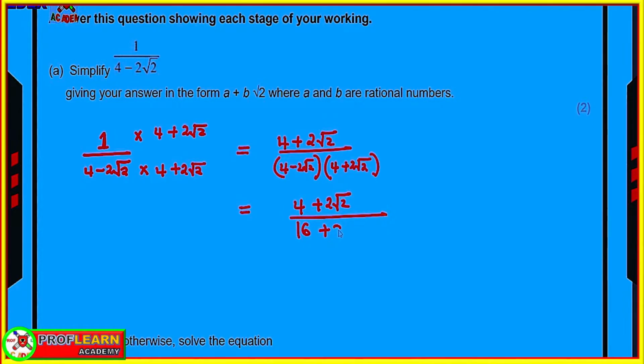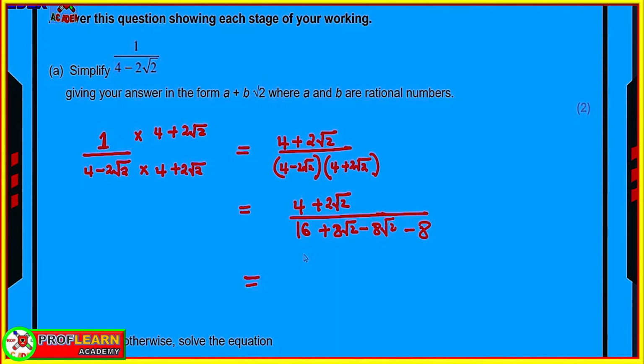Then we have 4 times 2 root 2 will give us 8 root 2. Then minus 2 root 2 times 4 will be minus 8 root 2, right? And then minus 2 root 2 times positive 2 root 2, this is going to give us 2 times 2 will give us 4, and root 2 times root 2 will give us 2. Then it will be giving us minus 8 at this point.